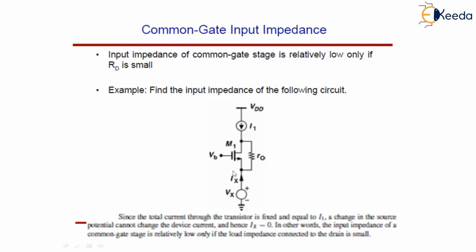We can say the input impedance of a common gate stage is relatively low if the load impedance connected to the drain is small. If the drain load impedance is low, then the overall input impedance of the transistor will be low.